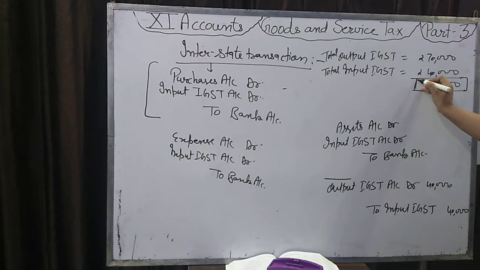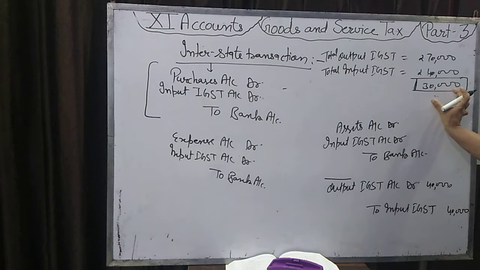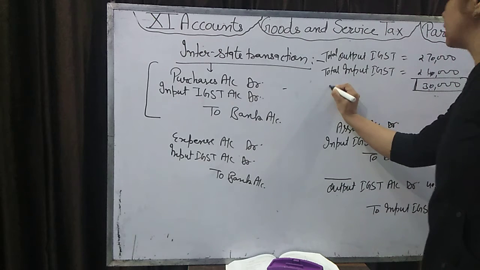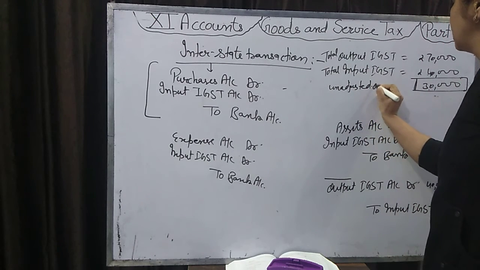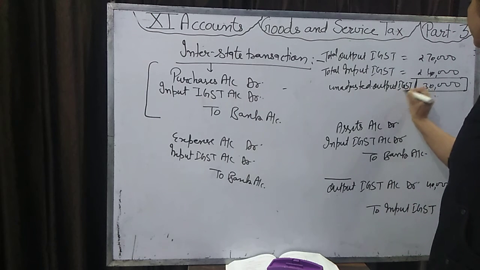But now, from 1st Feb 2019, the rule has changed: this is unadjusted output IGST. 40,000 has been adjusted, and the 30,000 is unadjusted output IGST.